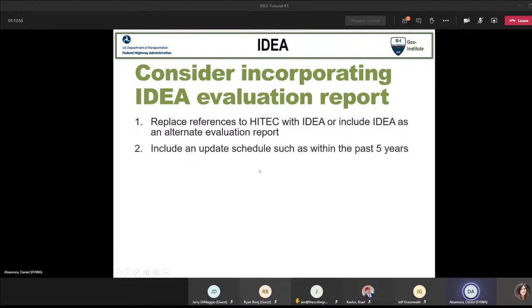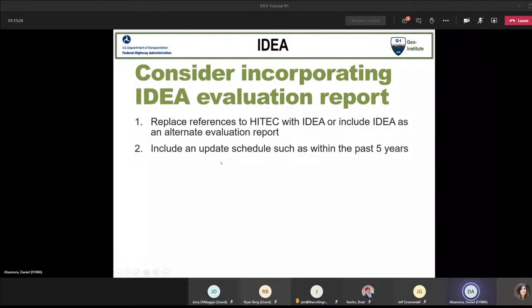I think having a requirement for making sure that the systems that are being supplied are current, or are what you have reviewed, is important. So something within the past 5 years is what we've been using as the maintenance interval of 5 years.